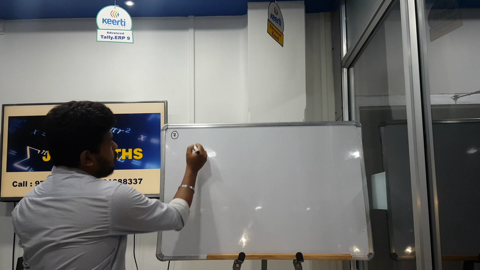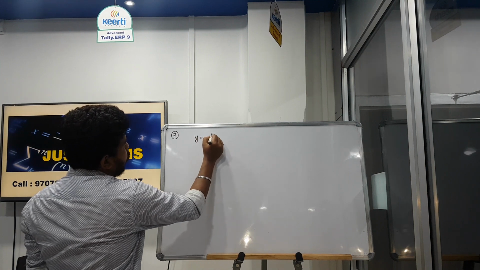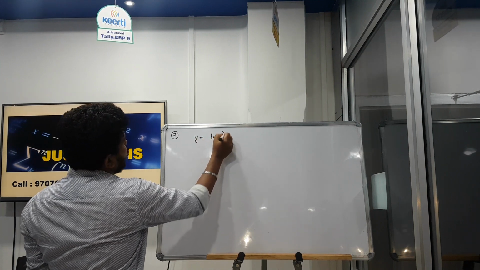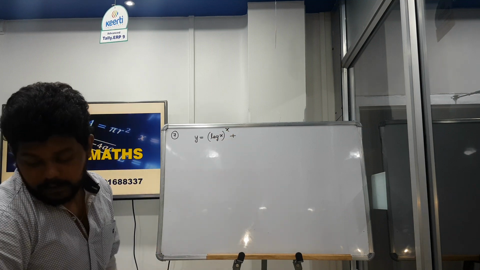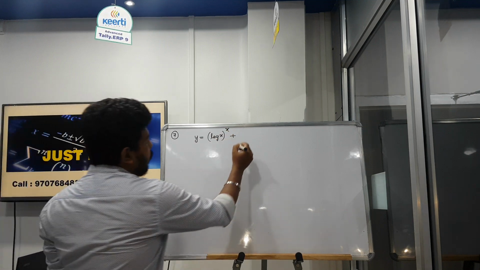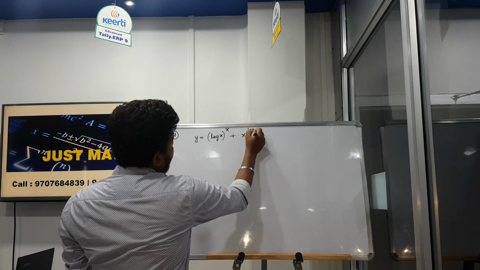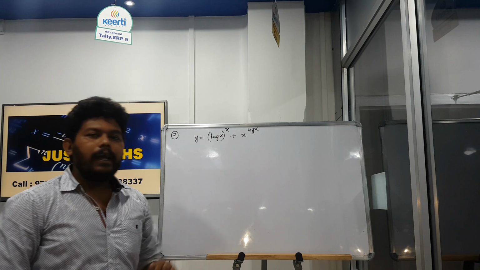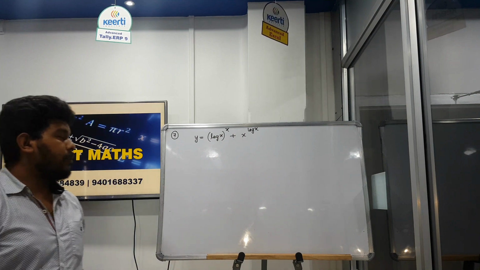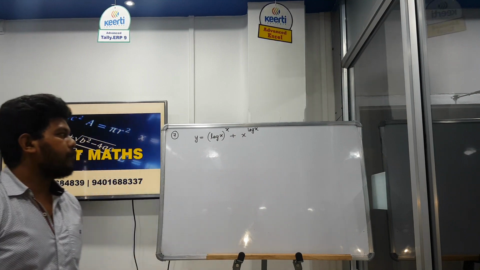Y is equal to log of x to the power x plus x to the power log x. How to differentiate this? Again, we'll apply method type 3 or method 3.